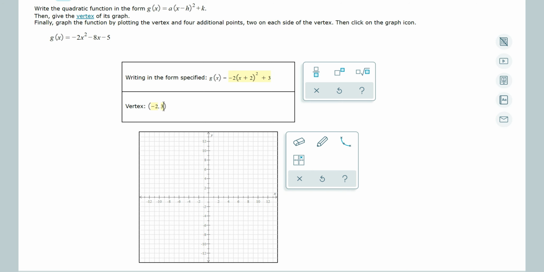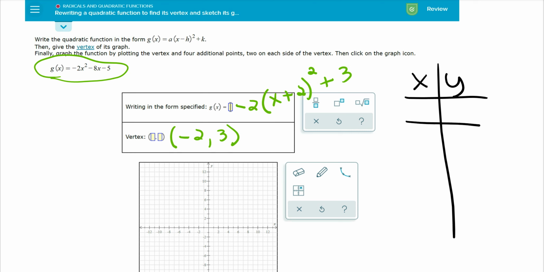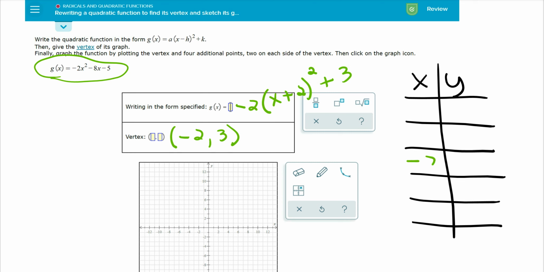All right, I'm going to pause again. I had to come back to this page, which is a screenshot, because I can't write on the other one. But it said it wanted the vertex and then 4 other points, 2 on each side. All right, here's my vertex right here, negative 2, 3. So if I plot it at negative 2, 3, that would be right there, okay?